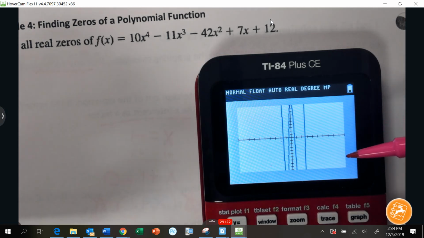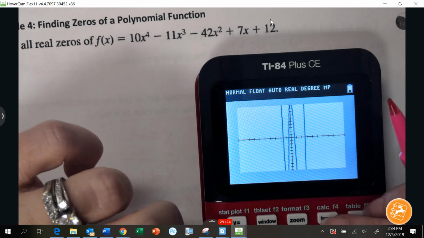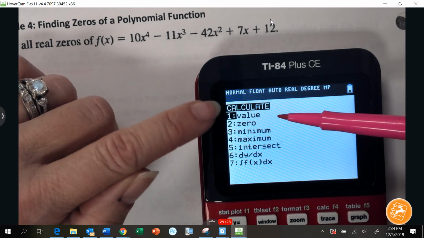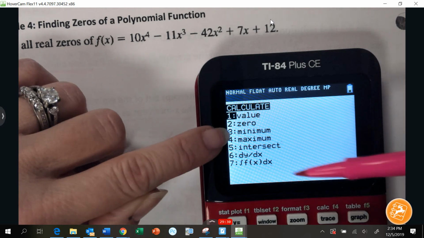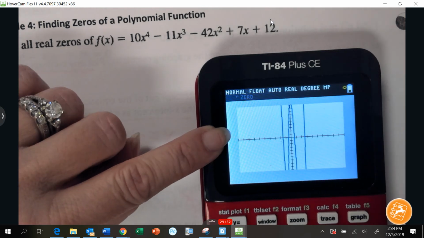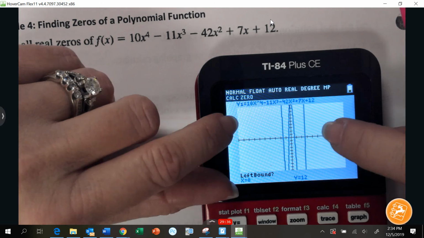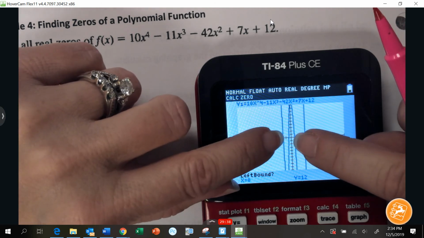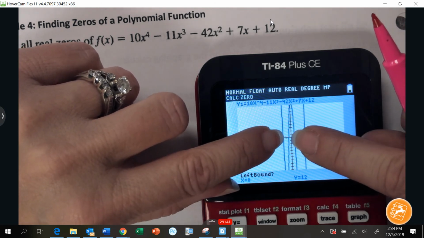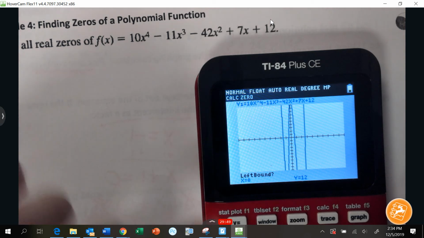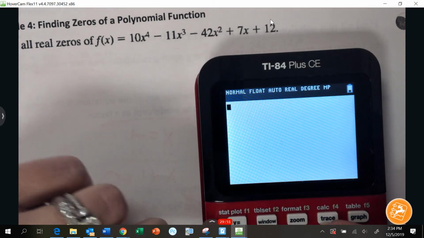Let me use that one thing that I told you about when you go second calc and you choose 0 and you do like left bound, right bound. I'm going to see if I'm going to actually try to look at the second one. To me, the second one looks like negative a half. So I'm going to see, oh, I guess I could just type it in. Never mind.